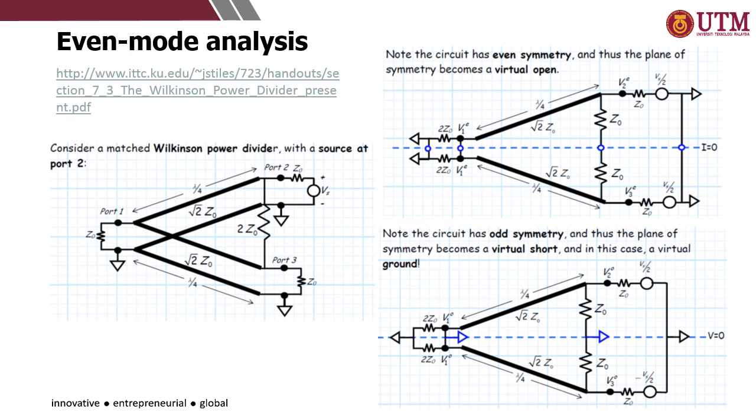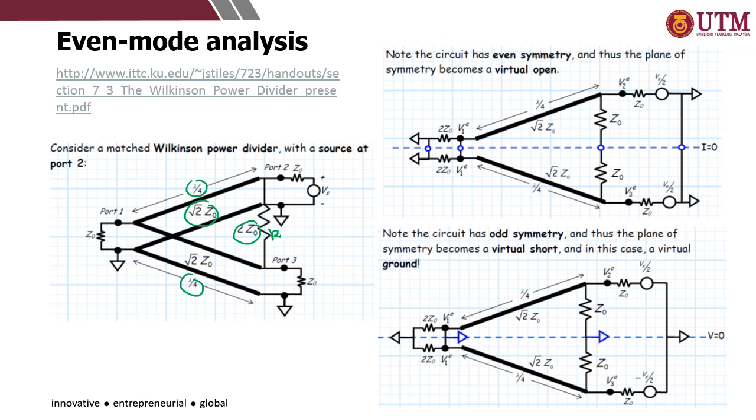So the system is added with lambda over 4 transformers, each having the impedance set to √2 Z0 to get it matched to the input and output ports, and the resistor has the value of 2Z0 to get the system matched and provide better isolation.